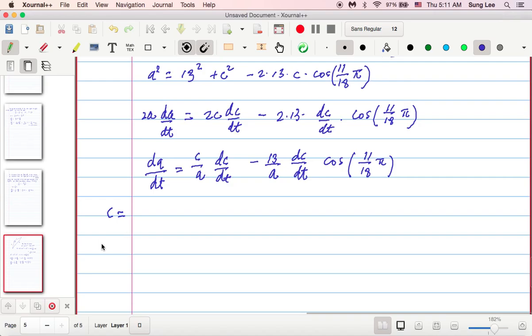Let me write down dc/dt first: dc/dt is 29 kilometers per minute, and c is 29 times 3, so that's 87 kilometers. In 3 minutes, it flew 87 kilometers.